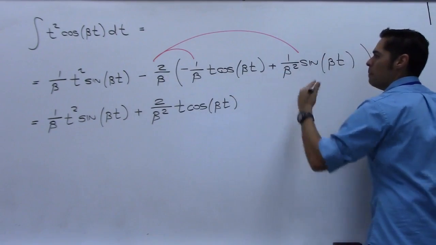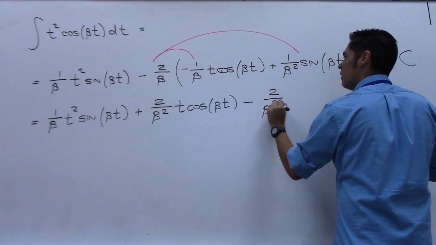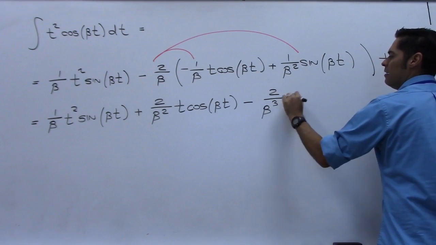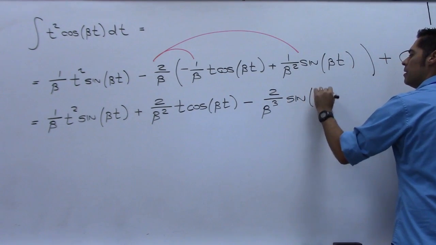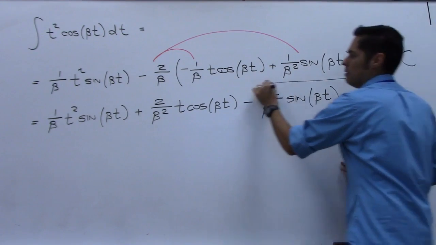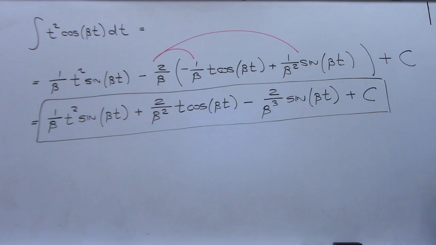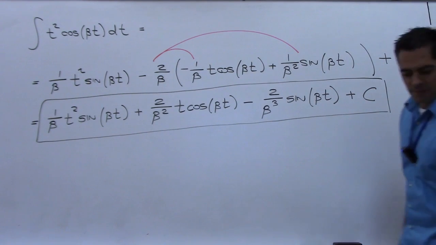Now here to here, minus 2 over beta cubed sine, there's no t, right? Beta t plus c. That's it. And then we could check it, right? We could check it.